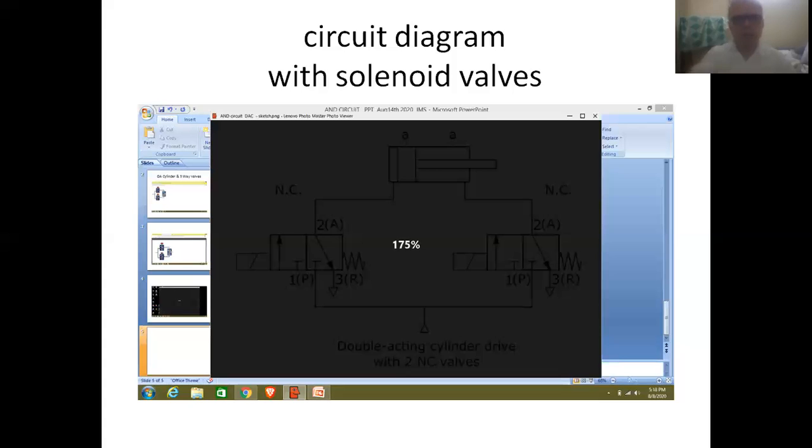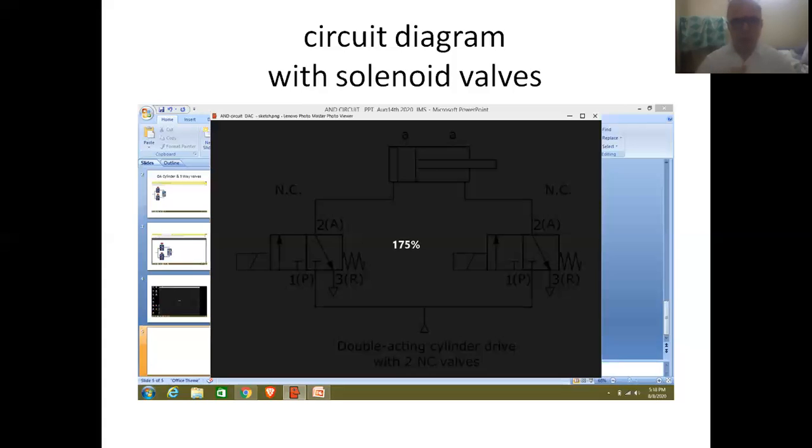Now friends, here we can see the arrangement of a double acting cylinder. Here the fluid will be acting on both the sides of the piston. Therefore it is called a double acting cylinder. That means if fluid is entering from the left hand side of the piston, it will be leaving from the right hand side of the piston.